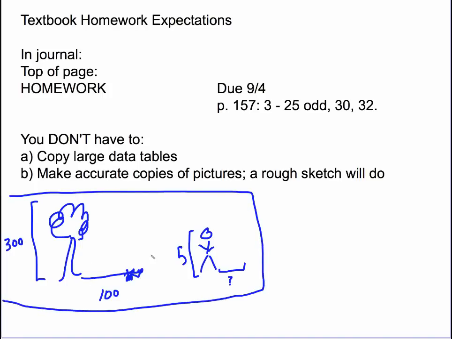Now you don't need to redraw the picture even the way I did. It would be enough to just make the essence of the problem as a triangle that's 300 by 100, and then another little triangle here that is 5 by something, and then you have to find out what the something equals.